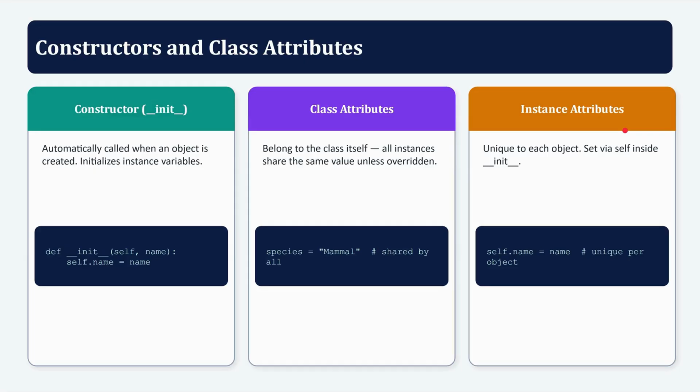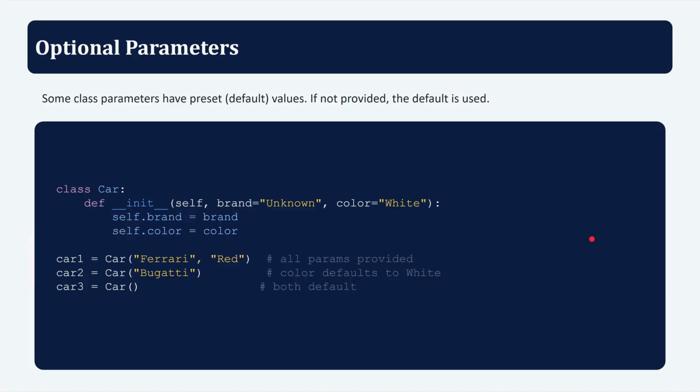They're set using initialize. So here is an example of initializing an attribute for each instance. Now, optional parameters, and these have some default values.